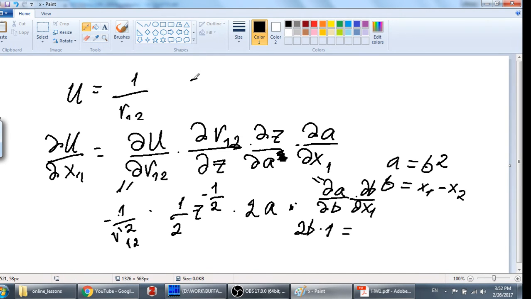So the result is going to be 1 over r12 squared, and then this 2 and this 2 cancel out. Now 1 over z, so this part is basically 1 over r12.